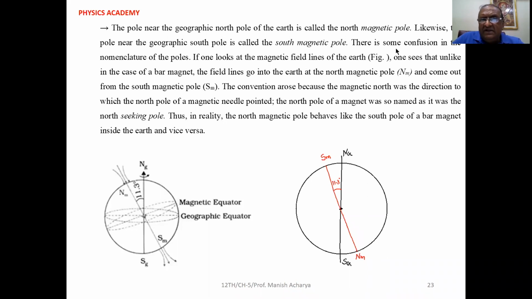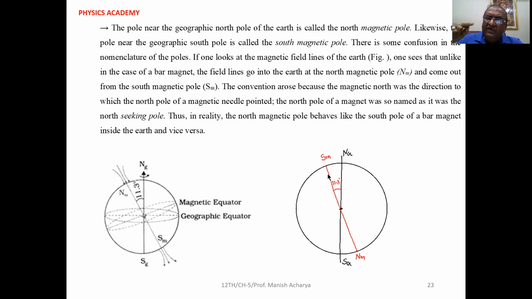Now, to avoid the confusion given in this paragraph, we simply have to follow the regular sign conventions for any magnetic dipole, or any magnet, or any system which behaves as a magnet. The field lines always come out from the north pole. So the point from where the magnetic field lines of Earth come out, we say that is magnetic north.